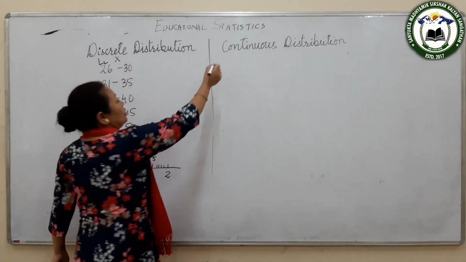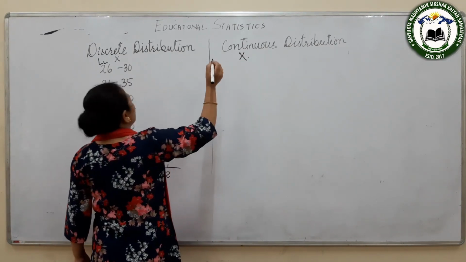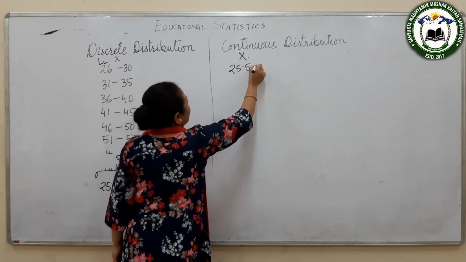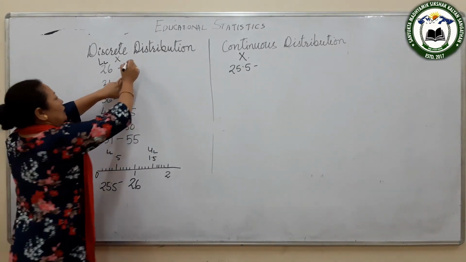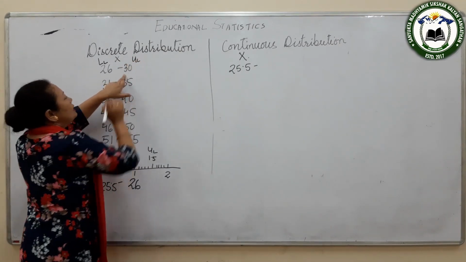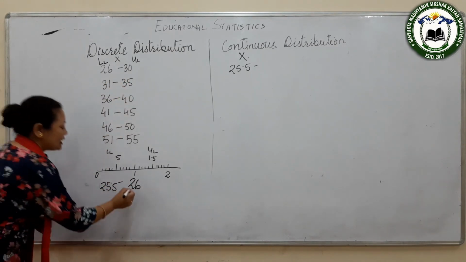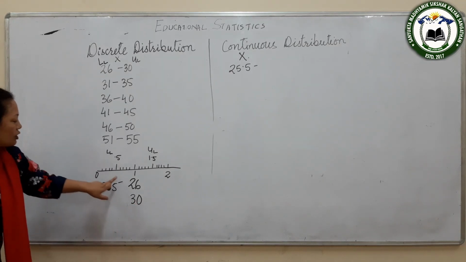Okay, so over here I'll write my scores, that is the index of the score. 25.5 is my lower limit. Now I'll take this number, that means this is my upper limit. So for the upper limit, in the same way, you take 30. What is the lower limit of 30?